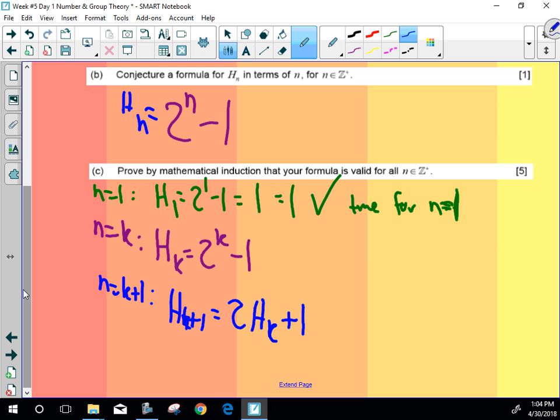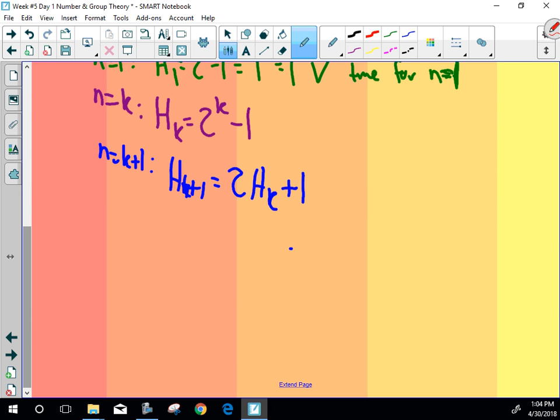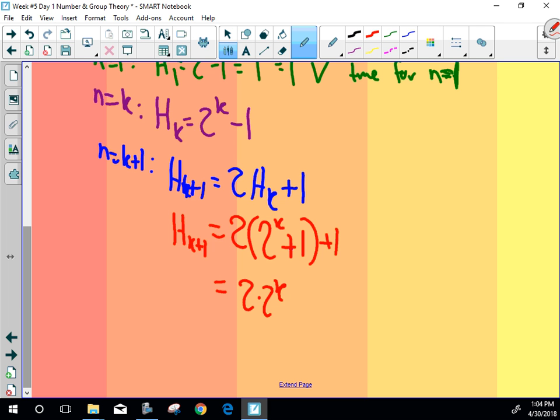Yeah. So if you plug in h of k up there, h of k plus 1 is going to be 2 times 2 to the k minus 1, plus 1. Do you like this? I like this a lot.